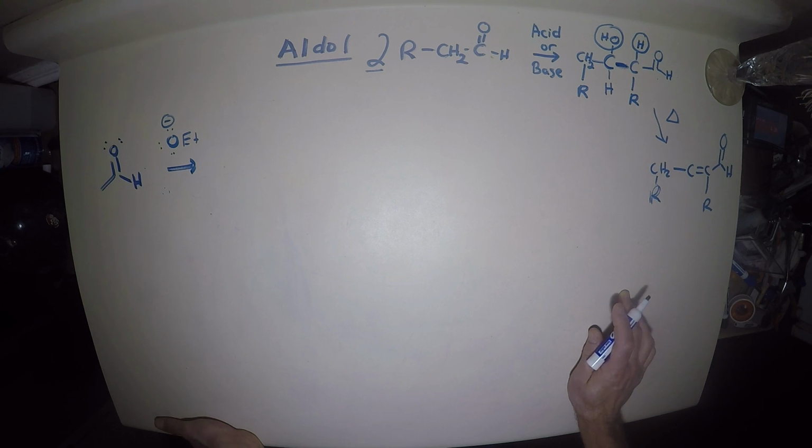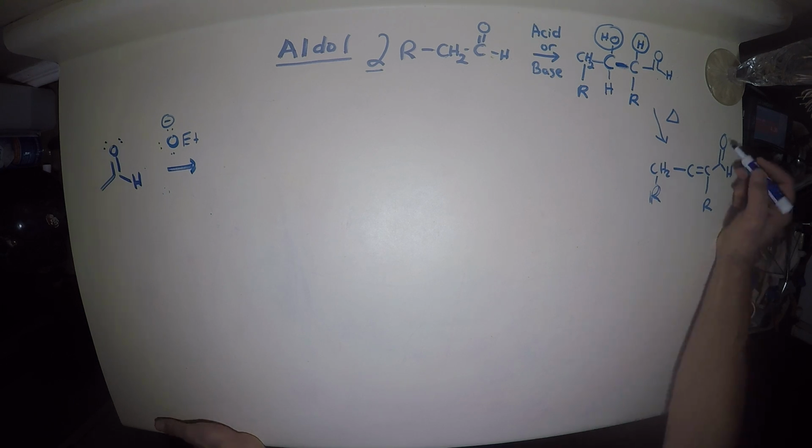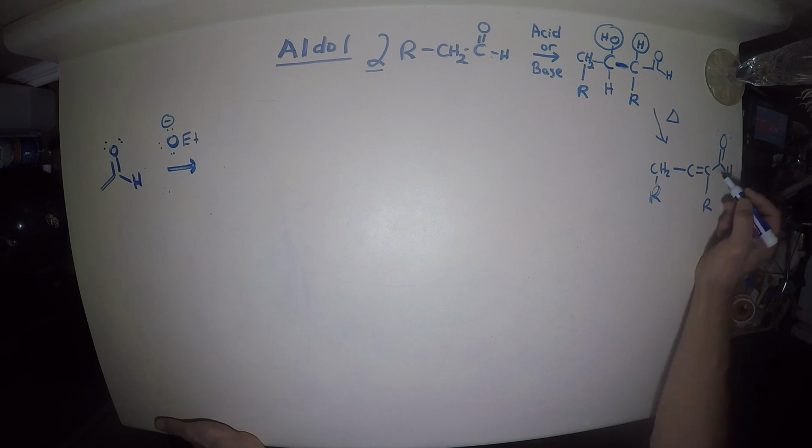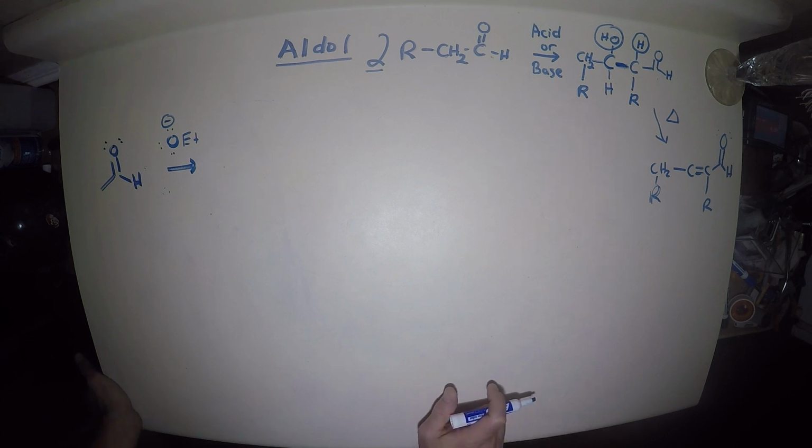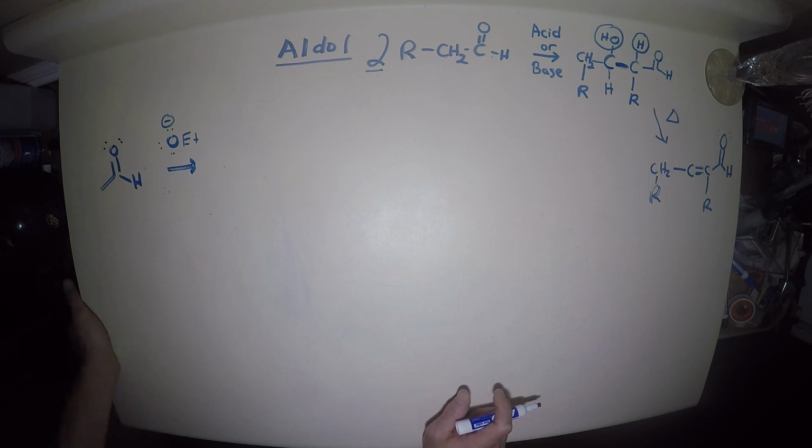This dehydration is facilitated due to the resulting stability of the conjugated enal in this case. The aldol reaction generally works better with aldehydes than ketones because aldehydes are slightly more prone to enolization or enolate formation. Classic mechanism.